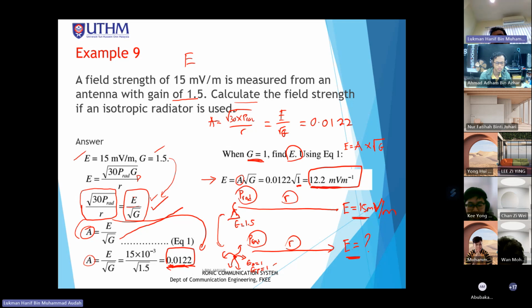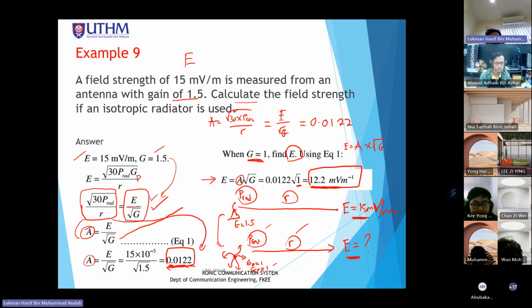In this case, we make sure that the distance and the radiation power are the same. We must fix them because we want to compare side by side. When we compare side by side, we must make sure that certain parameters remain the same.